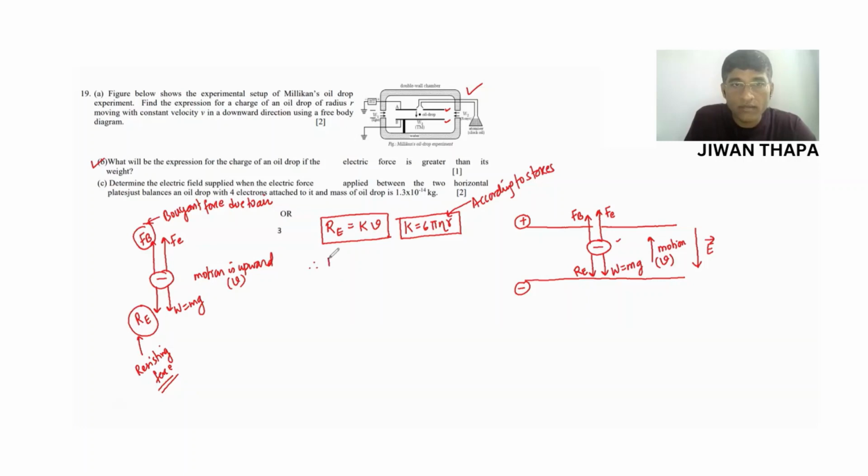Therefore we can write Re equals 6 pi eta r v. Clear?